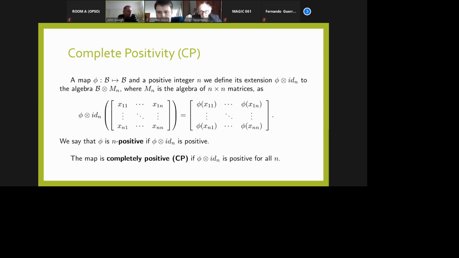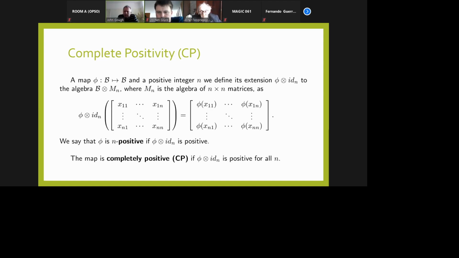However, we can ask for a further requirement. We can take a map and basically tensor it with the identity on, say, an n-level system. So its algebra will be the algebra of n by n matrices.